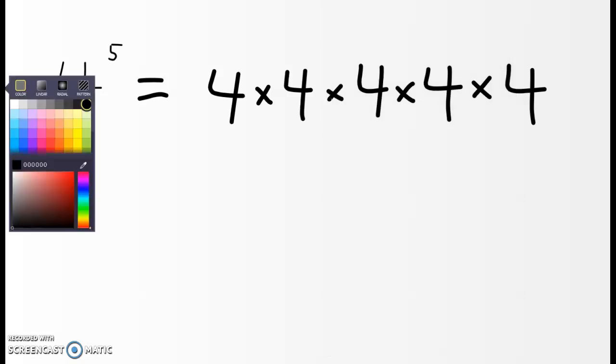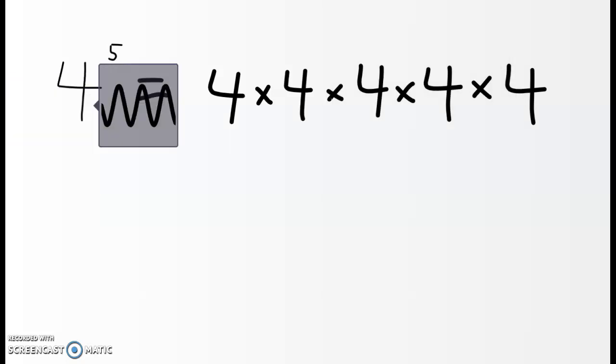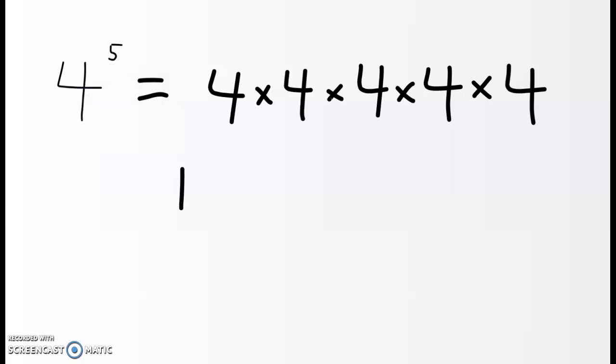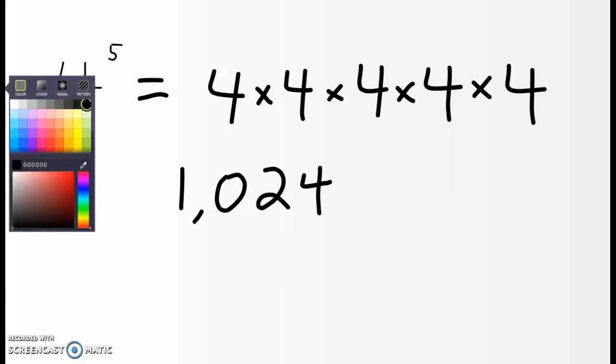So 4 to the 5th power is just another way of saying 1024. And as you can see with exponents, we get really big numbers really quickly. And that's another important feature about exponents, is that we're using them to make really big numbers, but we're writing them in a much smaller format.